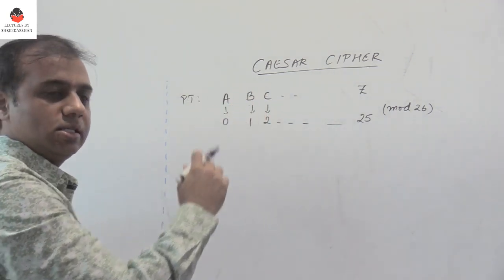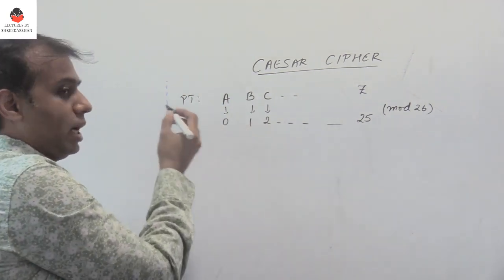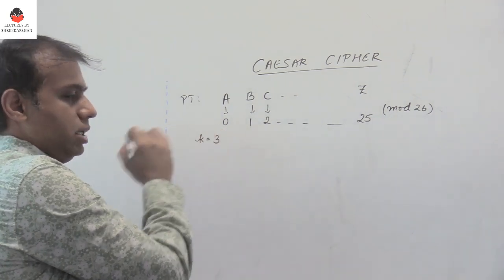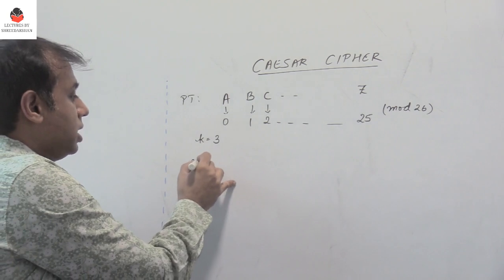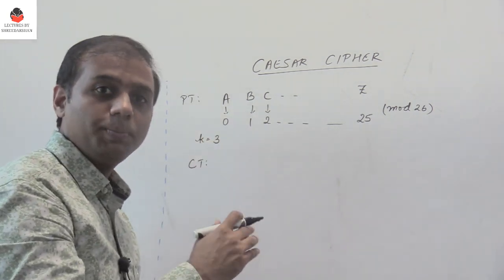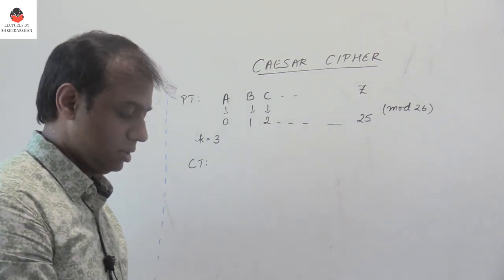Now to understand Caesar's cipher with a shift of 3: when the shift K is 3, in the cipher text each character is replaced by another character by moving 3 places to its right.